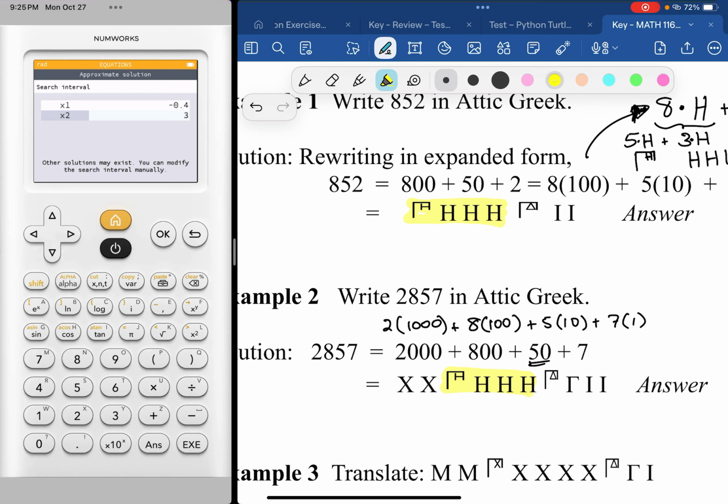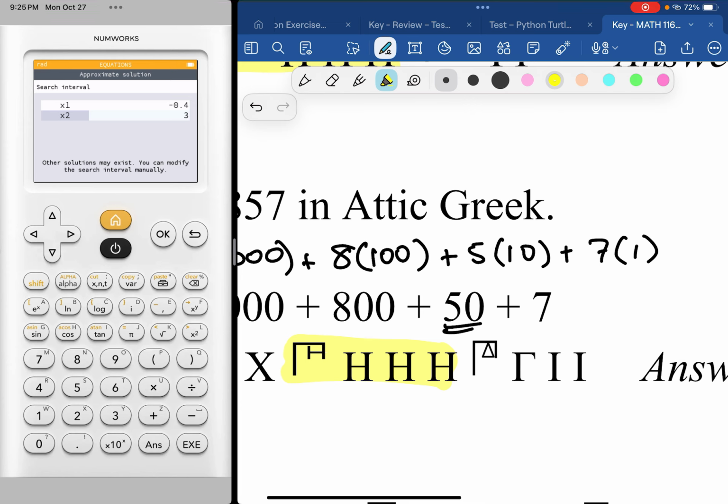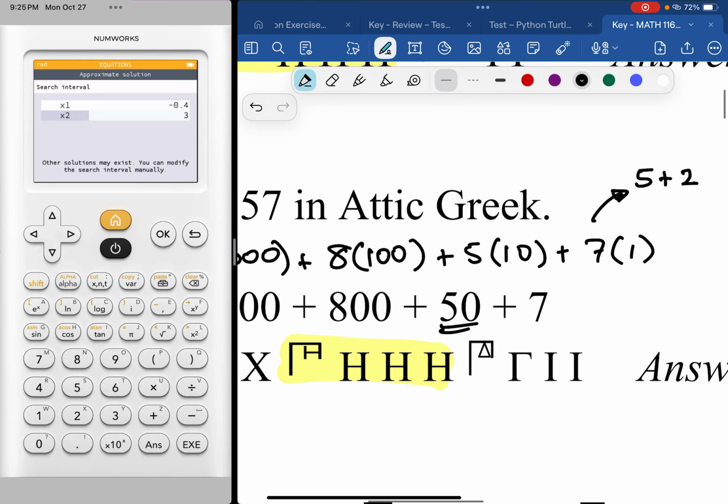If I had 11 of the chis, then I'd be looking to regroup and maybe incorporate a mu, but not the case here. And then for the 7, we could look at it as 7 ones, but I could also look at it as 5 plus 2.